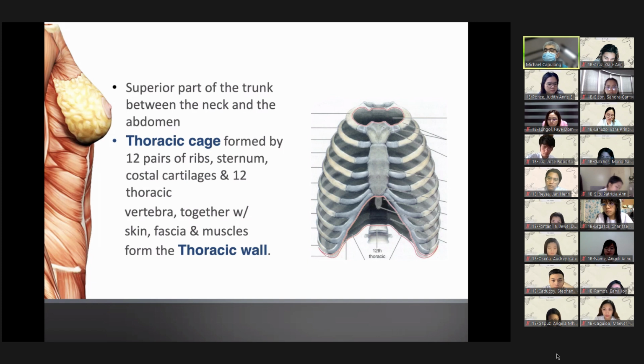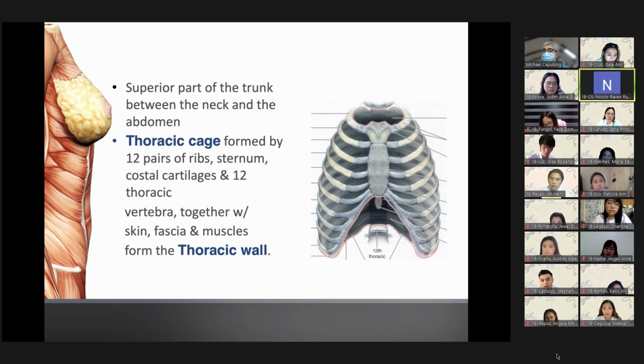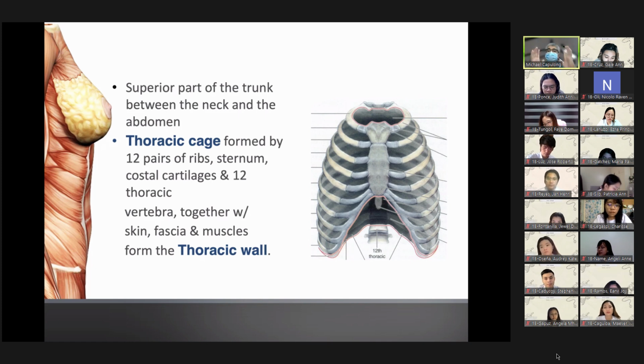Flat. General classification. Di ba, in our general classification, we group the bones or the skeleton into either axial or appendicular, right? So where do you put the ribs? Axial skeleton. Okay? So since this is seen at the middle.